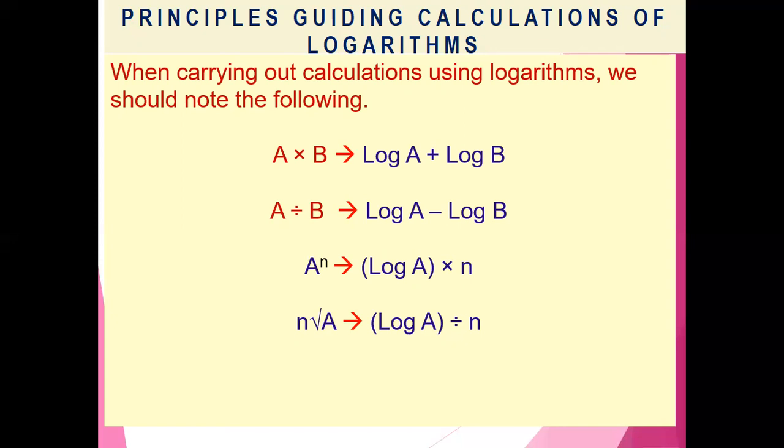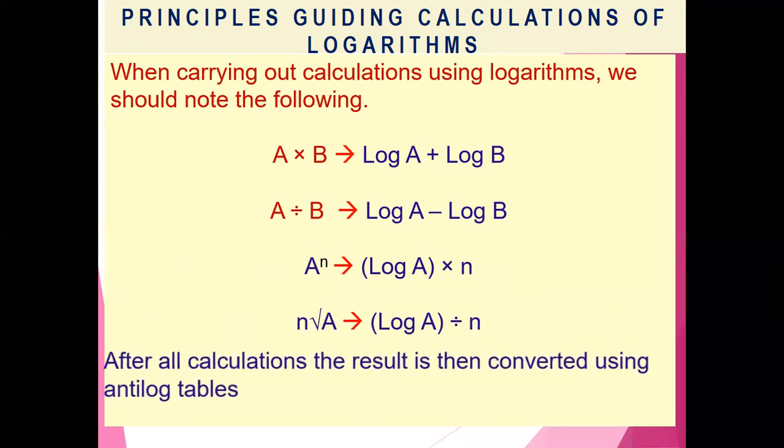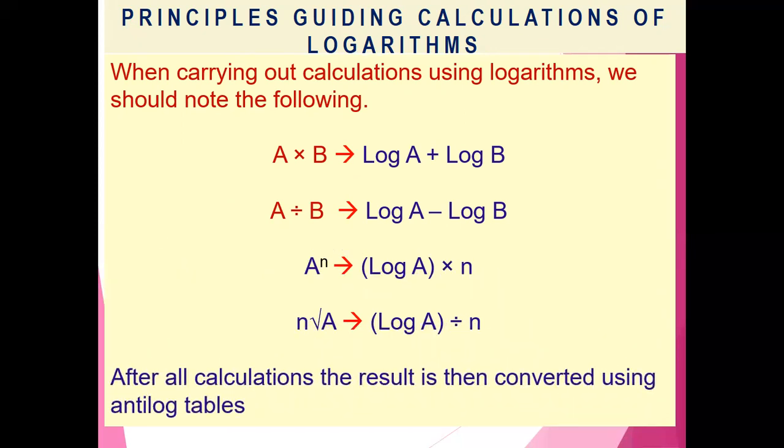I want us to understand also that after you're done with all the calculations, you need to convert the logarithm back to an original number using the antilog table. So that's why we started with how to use the log table and how to use the antilog table, and we put it all together in the calculations now.